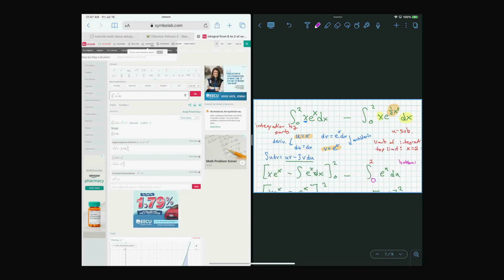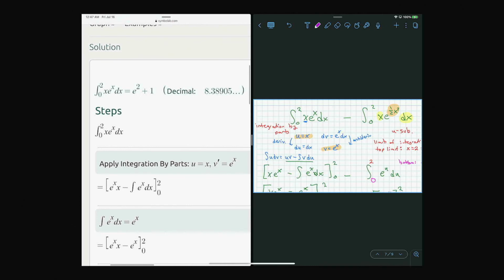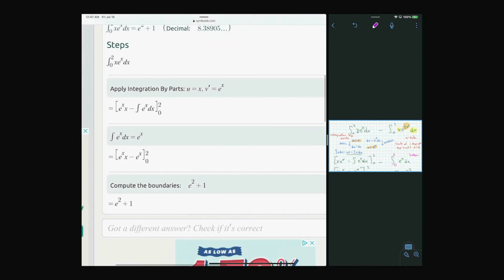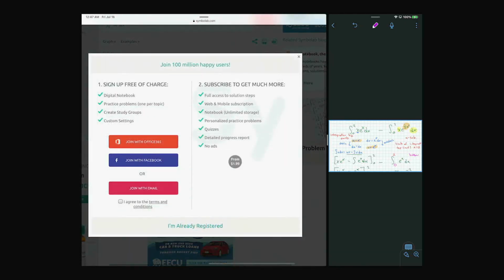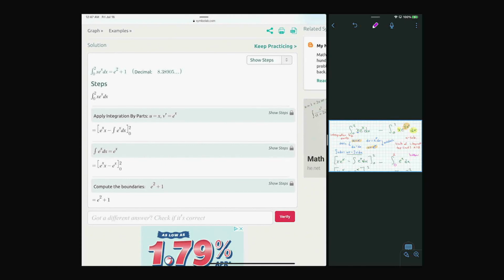All right. So, on a device where you can just type in properly, that's not so hard to type in. Now, the reason you might want to use Symbolab to do an integral like that is because it tells you that you do an integration by parts, and if you go show steps, oh, it used to show you steps on more stuff, but all right.